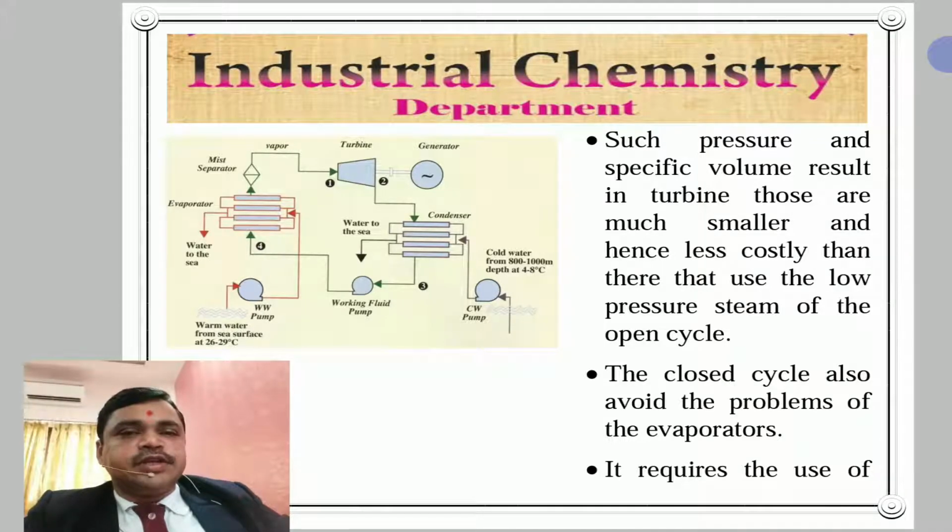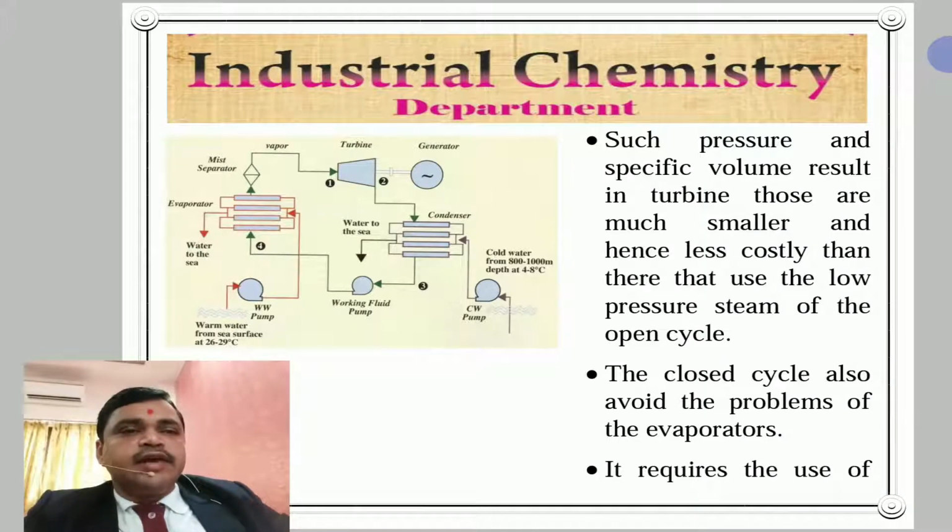In comparison of open cycle OTEC and closed cycle OTEC, the pressure and specific volume result in turbines that are much smaller and hence less costly than those that use the low pressure steam of the open cycle.